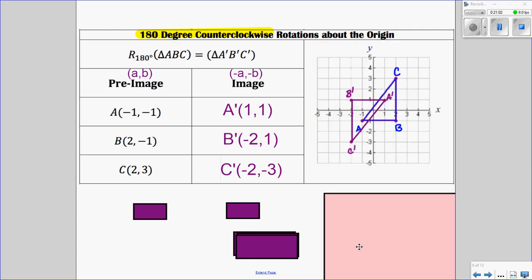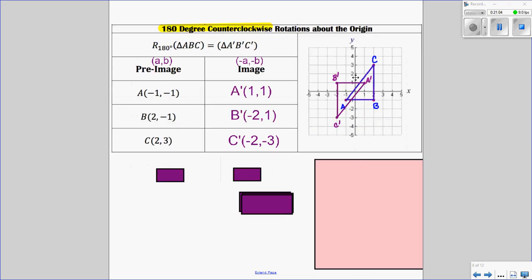Again, plot your image and pre-image, and there you go. And like I said, if you take your laptop or your phone and turn it 180 degrees, that means two turns, you'll see that this image will match up with what I drew on the screen.